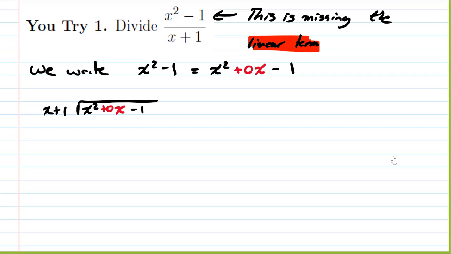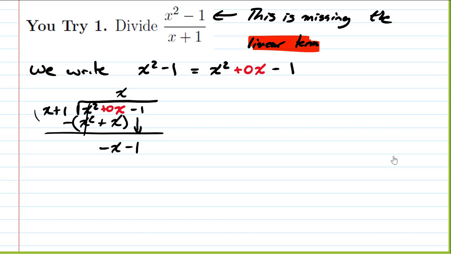All right, so we start by asking ourselves, well, what times x is going to give us x squared? And that's just x. So x times x is x squared, and x times 1 is x. We then subtract. Our lead terms reduce out as they should, and then I have 0x minus a positive x, so that gives me negative x, and I bring down my next term.